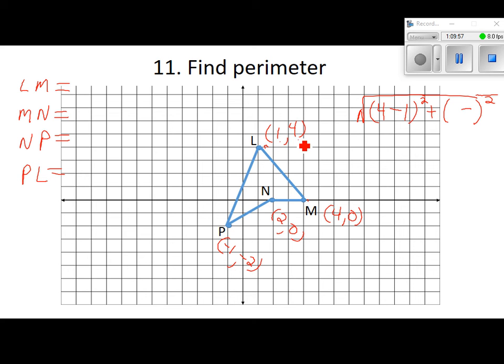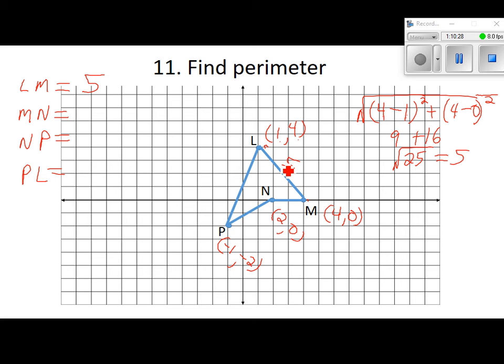Then our Y's are 4 and 0. Do some of the math here. 4 minus 1 is 3. 3 squared is 9. 4 minus 0 is 4. 4 squared is 16. Add those 2 together and you end up with 25. Don't forget you still have to take the square root of that, so that is 5. So segment LM, the length is exactly 5. That side right there is exactly 5 units long.